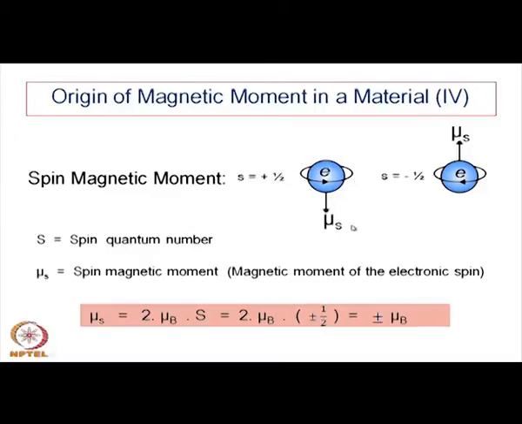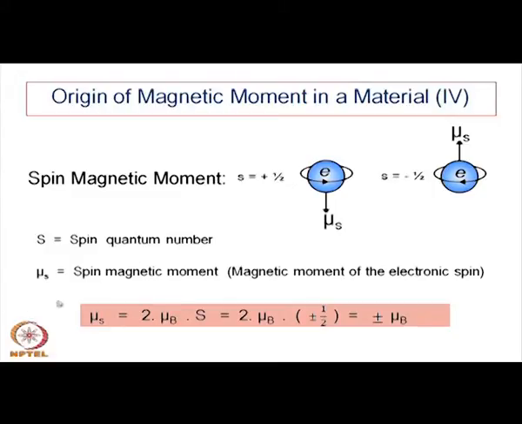In addition to the orbital motion, it has a spin motion on its own axis, with two possible spin quantum numbers, plus half and minus half, and that spinning on its own axis also gives rise to a magnetic moment, called the spin magnetic moment.